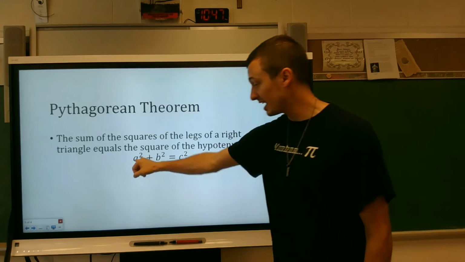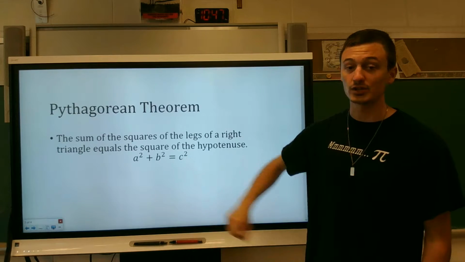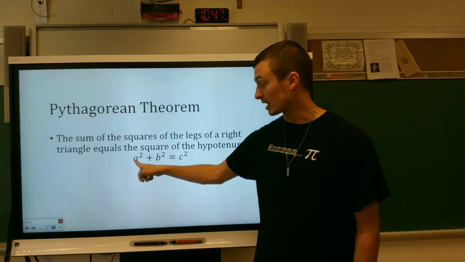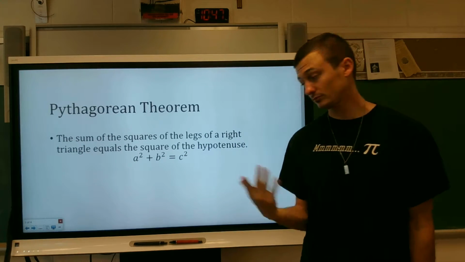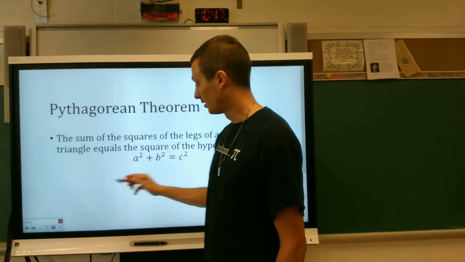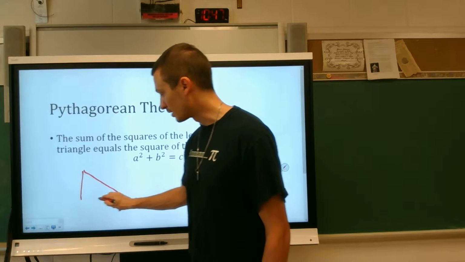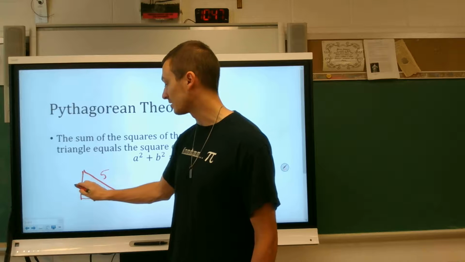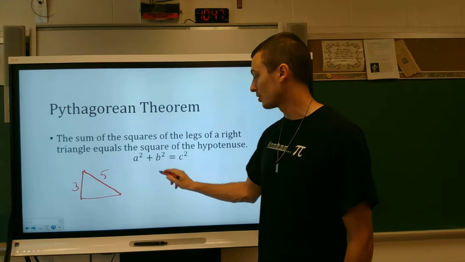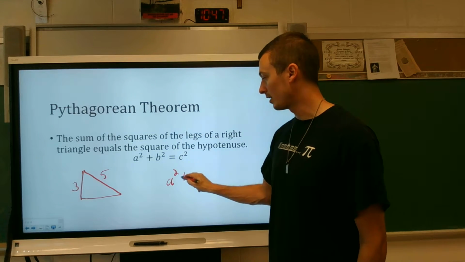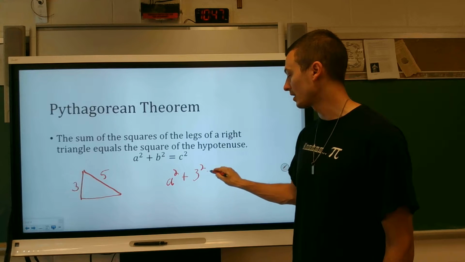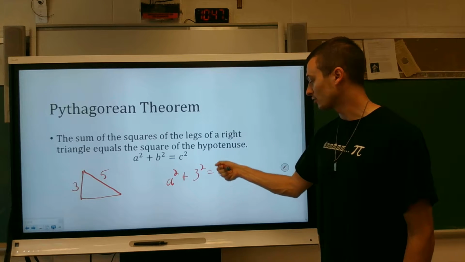So if I have both legs, I can solve for the hypotenuse. If I have a hypotenuse and a leg, I can solve for the other leg. So, my favorite triangle, I know it's a right triangle, maybe the hypotenuse is 5 and the leg is 3. So then I have a squared plus 3 squared equals 5 squared.